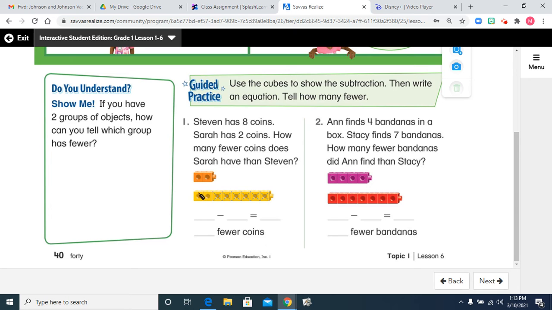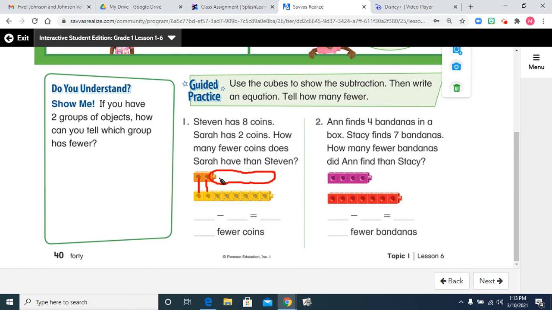Okay, so they put the 8 coins on the bottom. They represent it with 8 yellow cubes. 1, 2, 3, 4, 5, 6, 7, 8. Sarah has 2 coins, and these are the orange cubes. 1, 2. All right, so let's start matching them up. So they both have 1. They both have 2. So they want to know how many fewer coins Sarah has than Stephen.